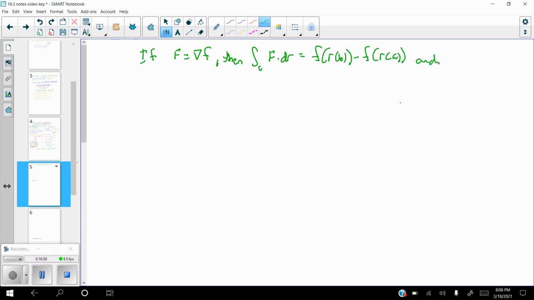and the line integral is, and this is the important part here, independent of path.